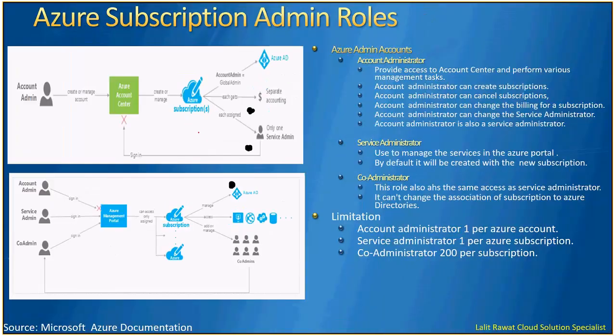The next topic is the Azure subscription admin roles. There are 3 roles separated in this. When you log into the first account, either your Live ID or your on-premises ID, that first account automatically becomes the Azure account administrator, which provides complete access to the subscription, with all the rights to modify, edit, and delete the subscription, create a new subscription, and manage billing and everything.